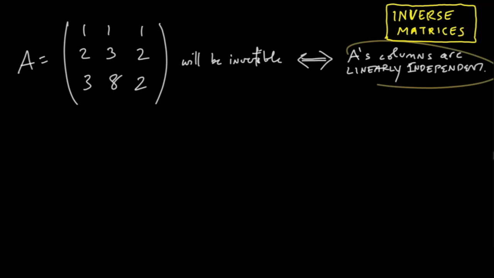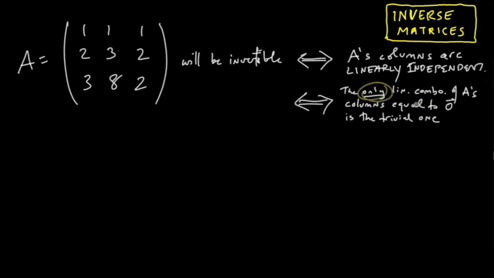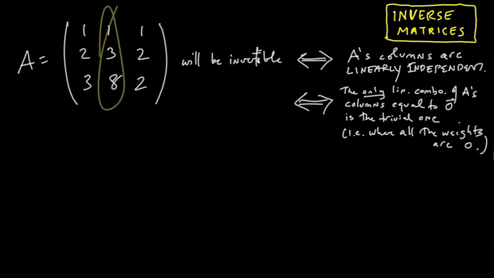So we could say that those columns are linearly independent if and only if the only linear combination of A's columns that is equal to the 0 vector is the trivial one, i.e. where all the weights are 0. In other words, 0 copies of this column plus 0 copies of this column plus 0 copies of this column obviously gives us the 0 vector. If that's the only way to get the 0 vector, then that means the columns are linearly independent.